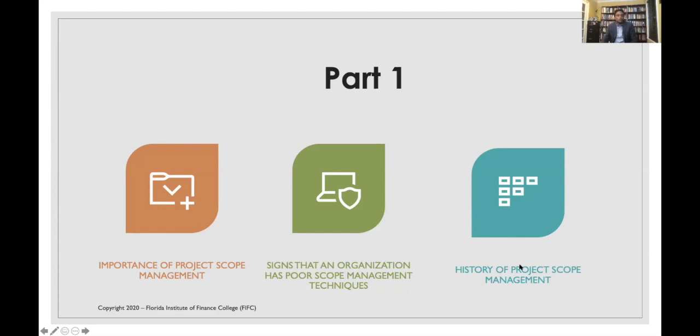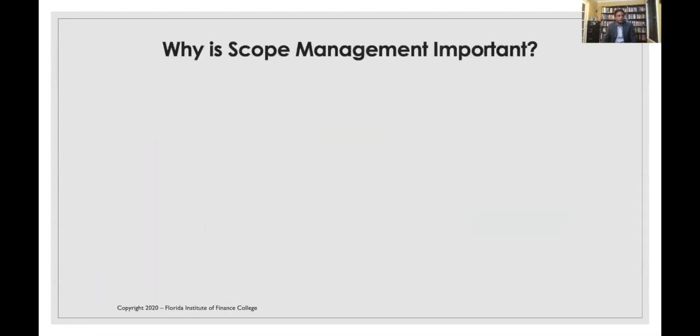The history goes back 1,000 years, because projects have been performed as long as mankind has existed. So we will cover all these 3 pieces in part 1 of your introduction to project scope management.